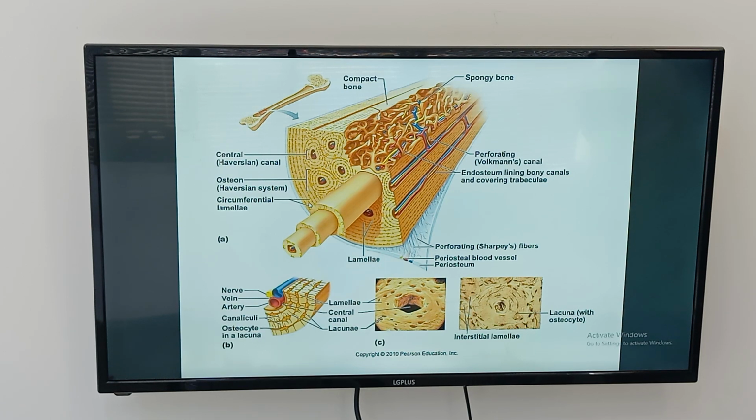These lines are the circumferential lamellae. These are called lamellae.